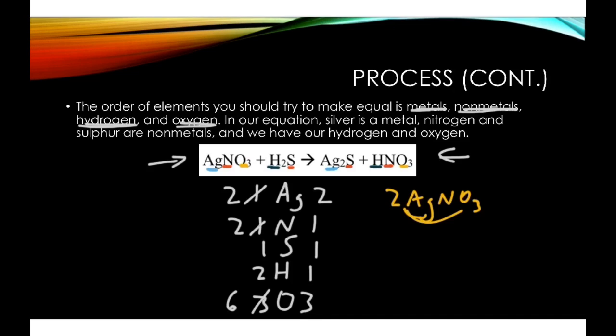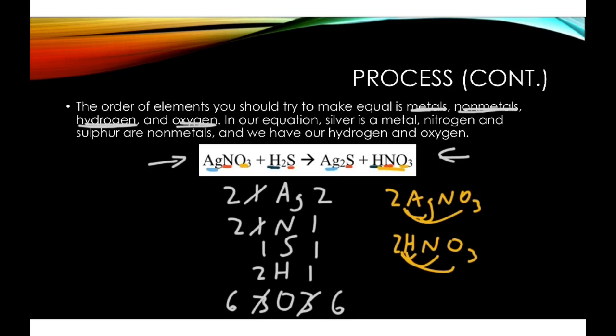So now that my silvers are balanced, I can move on to my non-metals. So on the right side, I should try to balance my nitrogens. So if I take this HNO3, and I plug in a 2 in front, that'll distribute to give me 2 hydrogens, 2 nitrogens, and 6 oxygens. Well, even without going in order, I can already see that my oxygens are going to begin to balance.